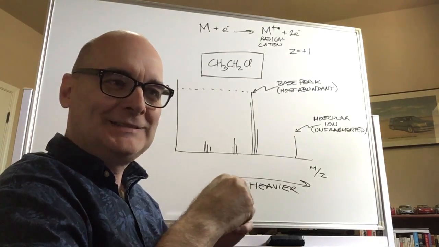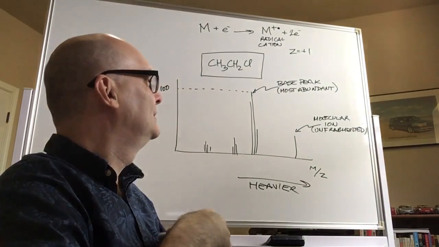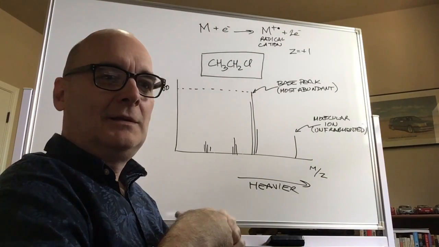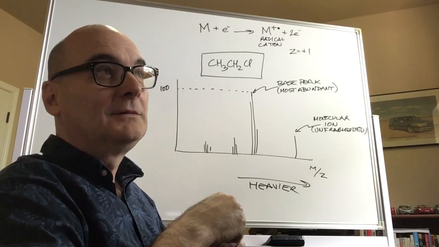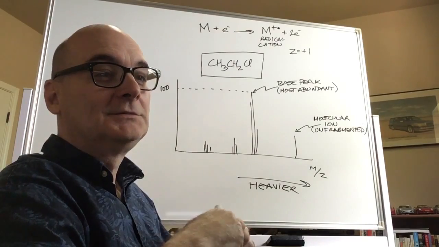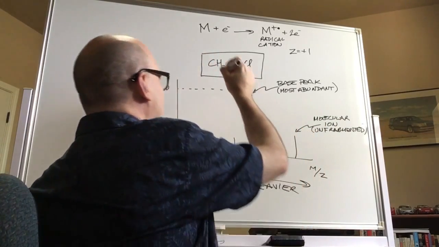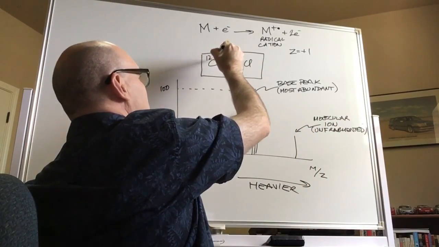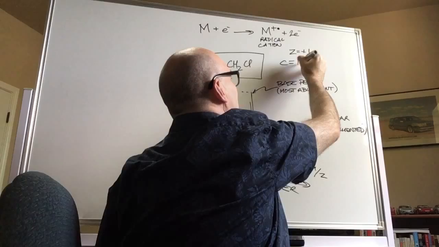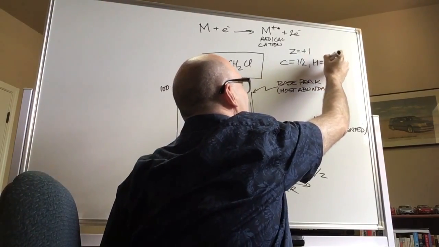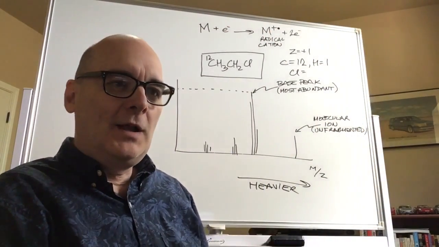I'm prepared to wait. How would we even know? You shouldn't need a periodic table. The mass of carbon is 12.